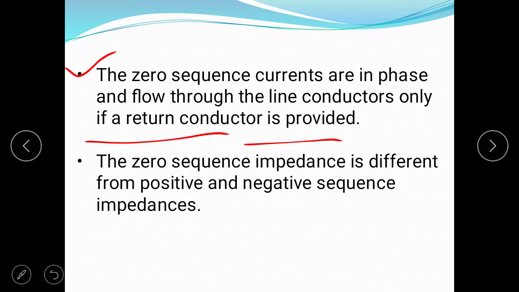So the zero sequence impedance is different from positive and negative sequence impedances. Zero sequence impedance is offered to the zero sequence current which flows in the conductor when a return conductor is provided.